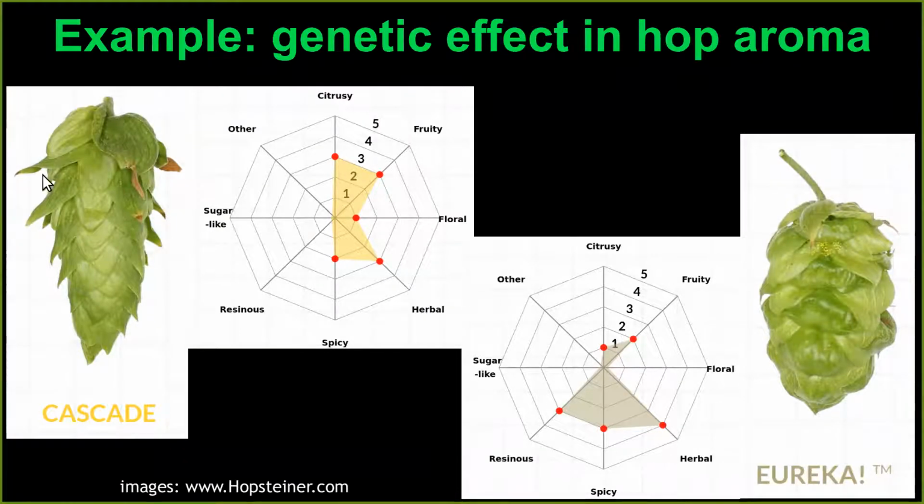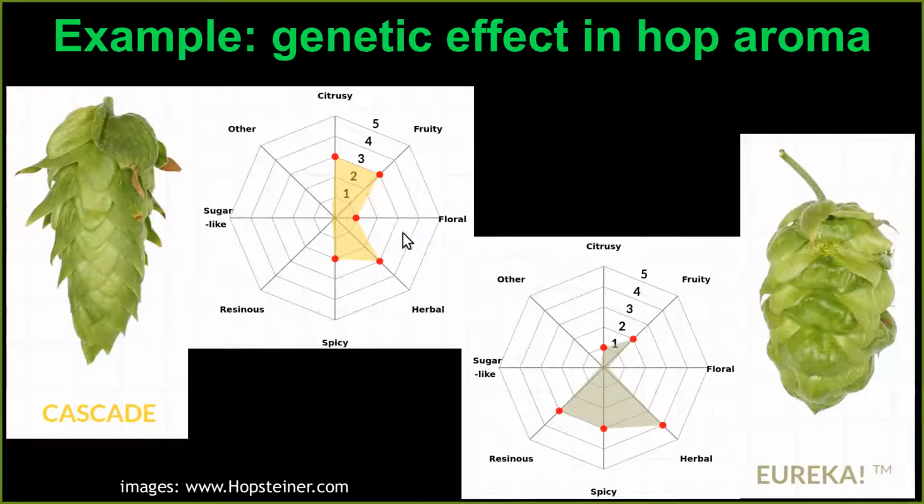So how that plays out in hops, here we have two different varieties representing two different genotypes of hop, and these are the cones. So you can see they're morphologically different, and if you broke them open and smelled them, you would also see that they smell distinct, perhaps if you're trained in hop smelling.